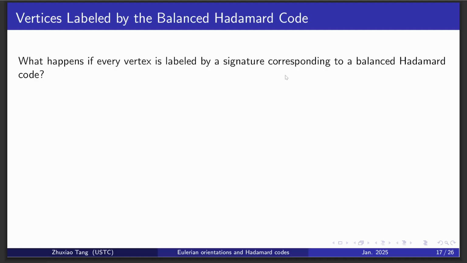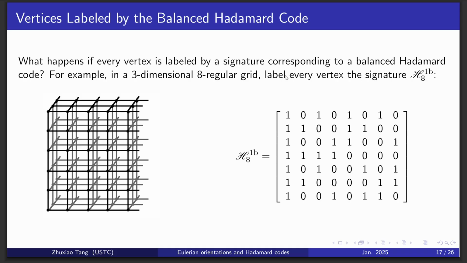Then we may think about what happens if every vertex of the graph is labeled by a signature corresponding to a balanced Hadamard code. For example, this is a 3-dimensional grid of 8-regular graphs. And at every vertex, it is labeled with a signature corresponding to a Hadamard code of size 8.